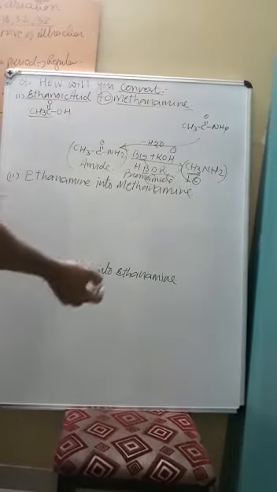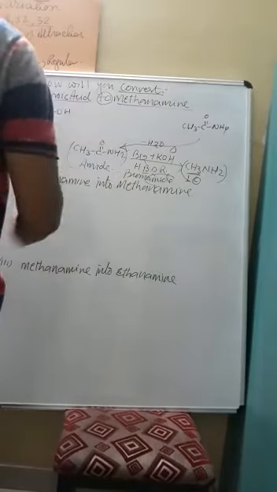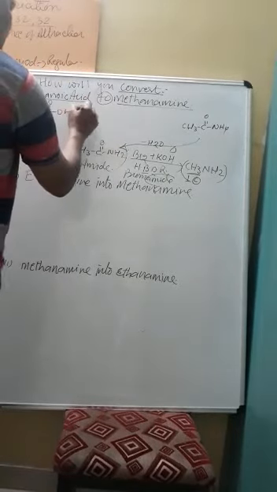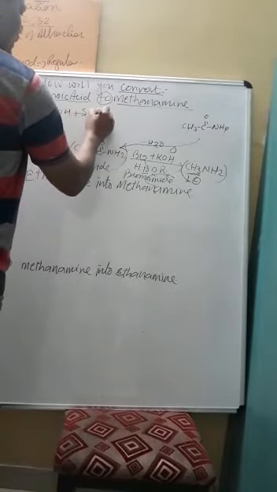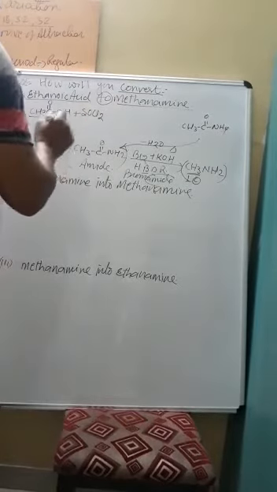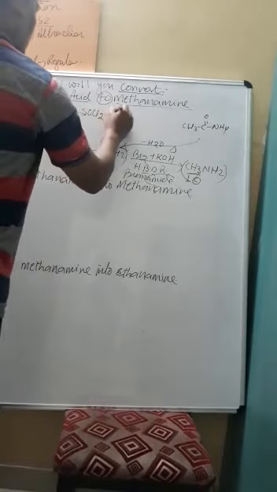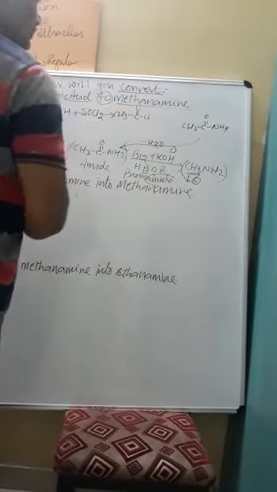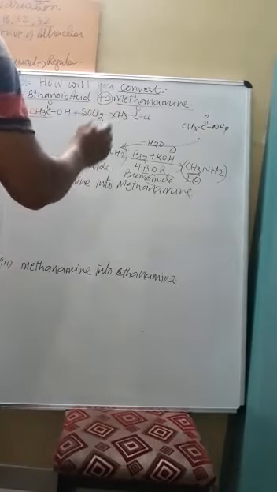So how to convert acetic acid into this compound? It can be done by the reaction when acetic acid reacts with SOCl2, it forms CH3 C double bond O Cl. Getting? Now we get this compound.